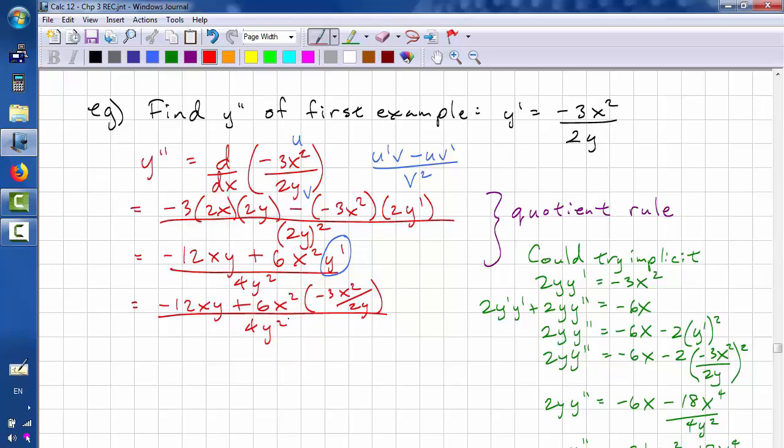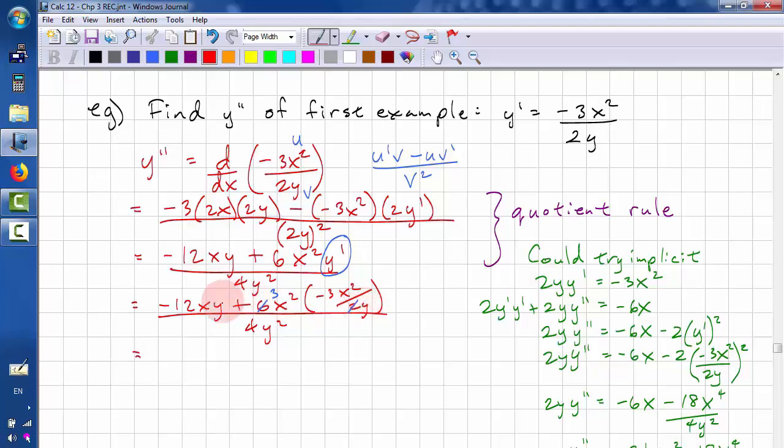Okay, this needs to be simplified. We can't have fractions in fractions. Let's cancel. That's a 3, and that's canceled. Okay, so we have a y in our denominator, so we need to multiply this by y. We have a y in the denominator of the numerator, so we can slide that down into the denominator. I hope you followed that.